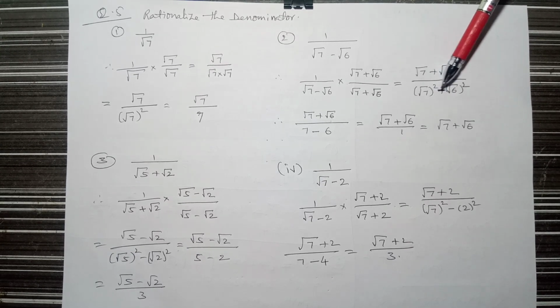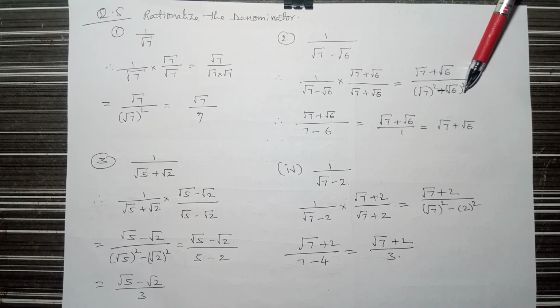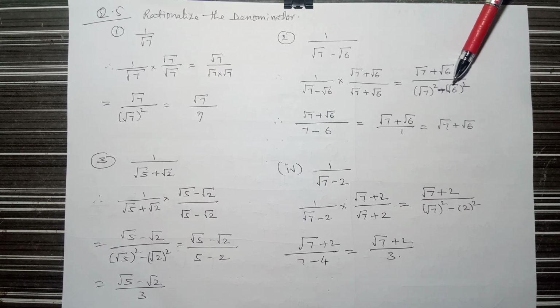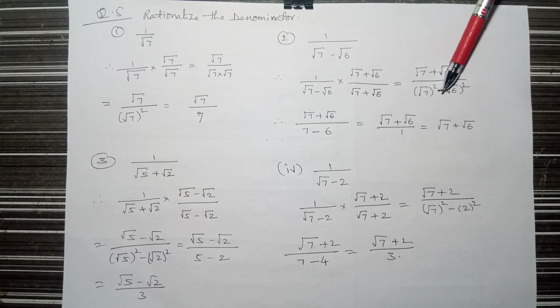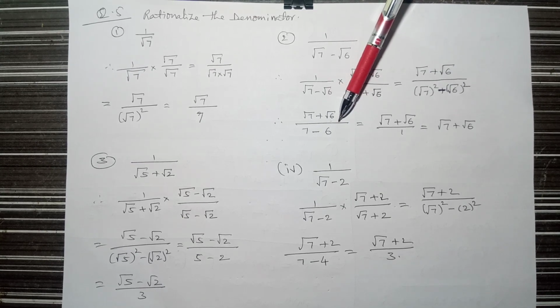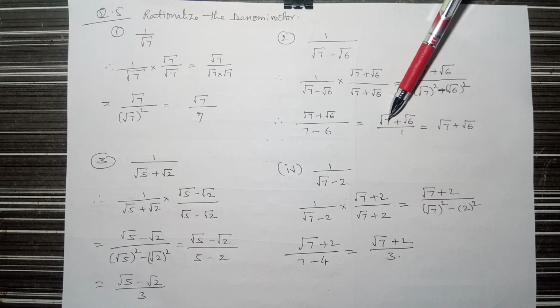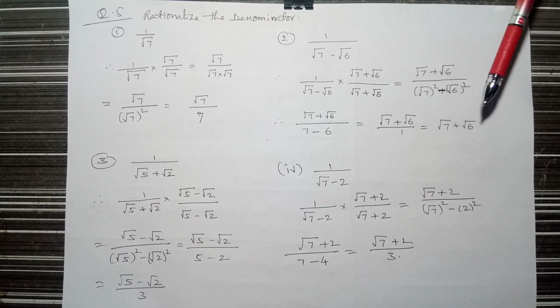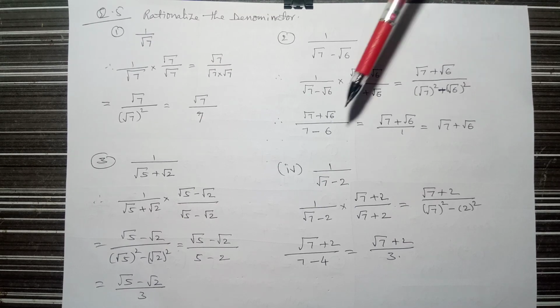Therefore root 7 whole square minus root 6 whole square. Now the square and square root will cancel. So 7 minus 6 will remain, the numerator will not change. Therefore root 7 plus root 6 by 1, that is root 7 plus root 6.